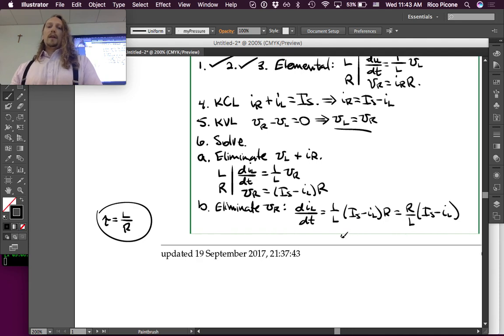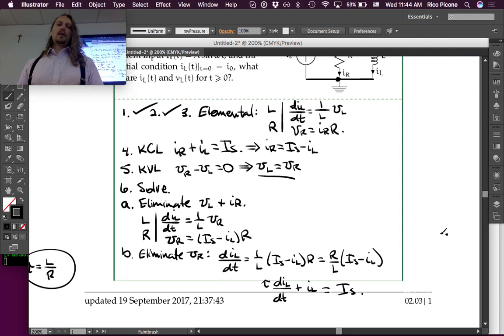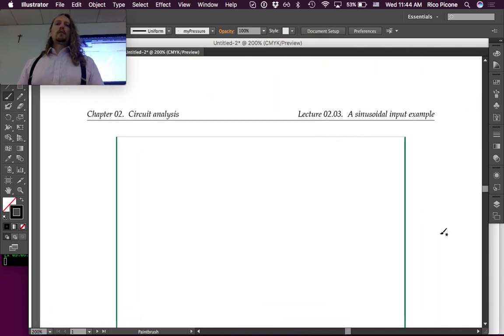That leaves us with tau dIL/dt, we want to add the IL over. So we get IL on one side, and it's equal to IS. Okay. Nice. So now we're ready for part C, where we just need to solve the ODE.